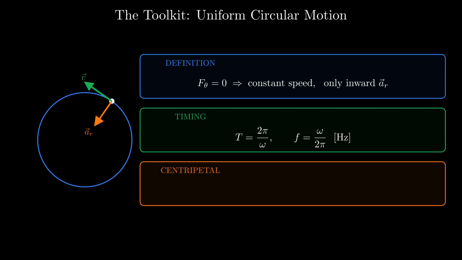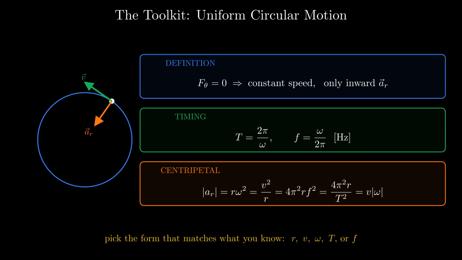The strength of the inward acceleration has four equivalent phases, rω², v² over r, 4π² r f², and 4π² r over T², plus the geometric form v times the magnitude of ω. You choose the form that fits what the orbit hands you, whether that is the radius, the speed, the angular speed, the period, or the frequency. One inward acceleration, many ways to name it.